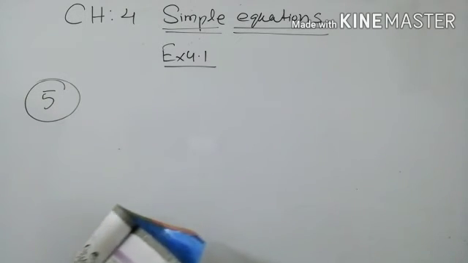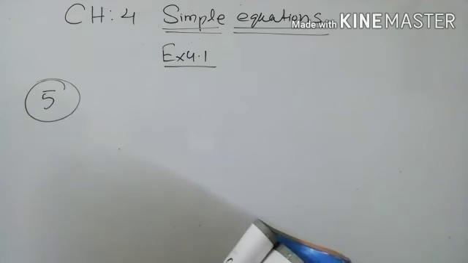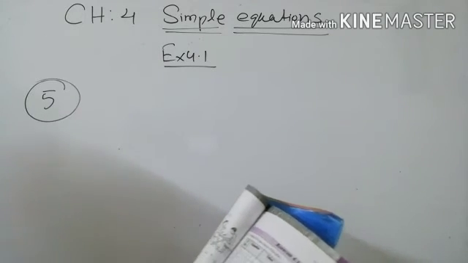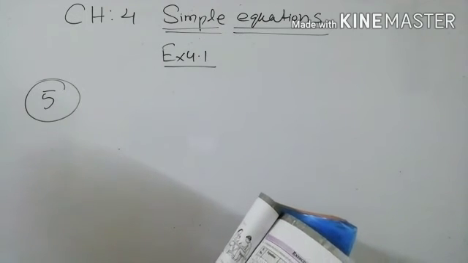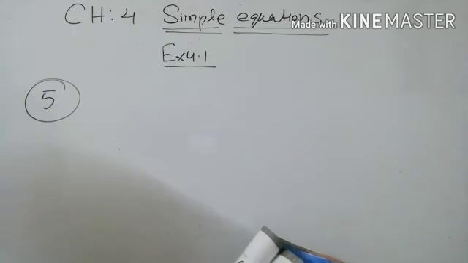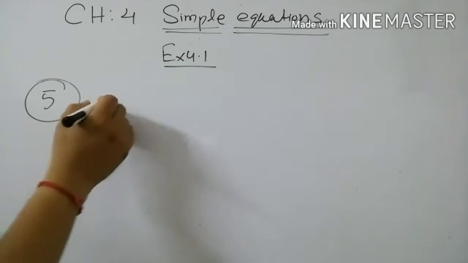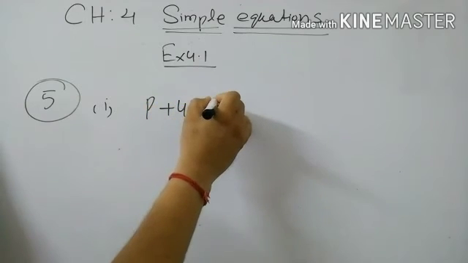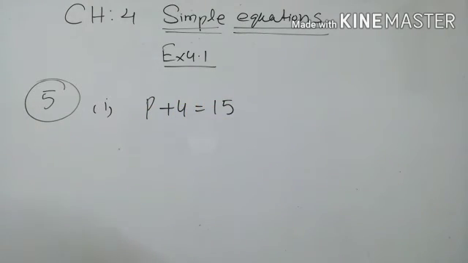In question number 4, statements are given and you have to find equations. But in question number 5, you have some equations and you have to write statements for these equations. So the first part, p plus 4 equal to 15. Write a statement for this equation.